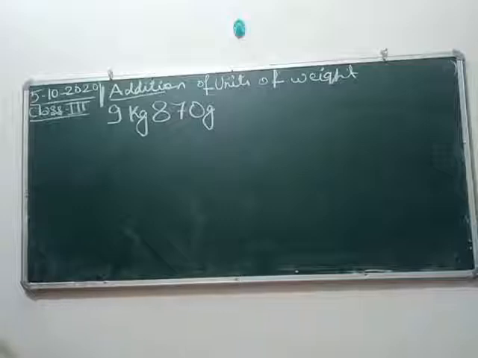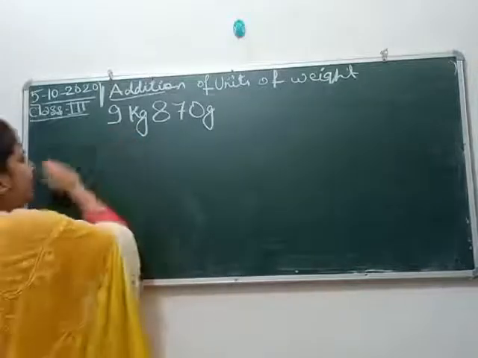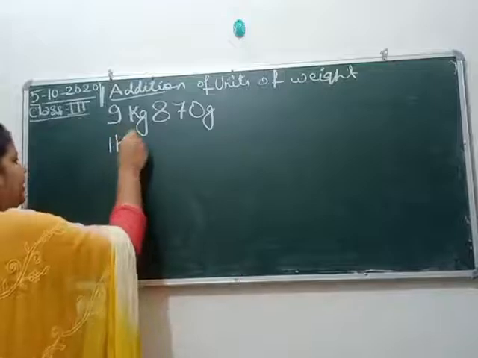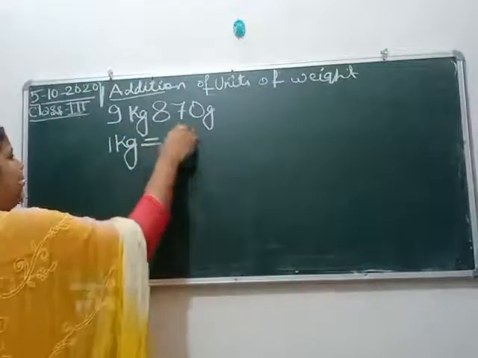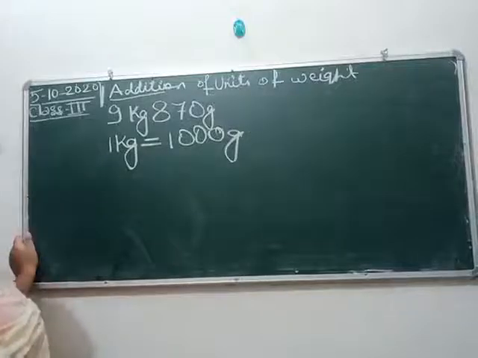If we have to convert this into gram, how will we do it? See, our first line will remain the same, that is 1 kg is equal to 1000 gram.